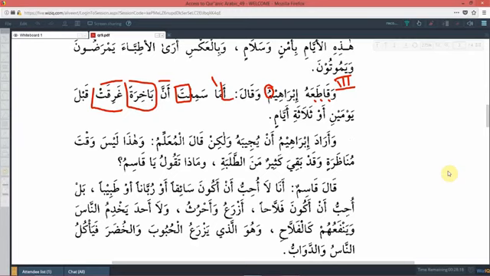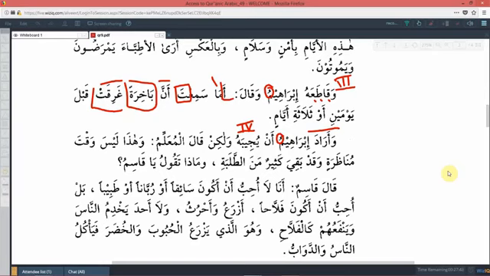وأراد إبراهيم أن يجيبه. وأراد, and Ibrahim, the fa'il. Ibrahim's the one who wanted. وأراد إبراهيم أن يجيبه. Ibrahim wanted to answer him. Yujibu, from the same thing we had up there. Form 4. Ajaba yujibu. Ibrahim wanted to answer him. ولكن, but, قال المعلم.